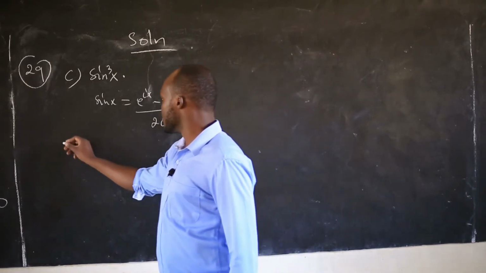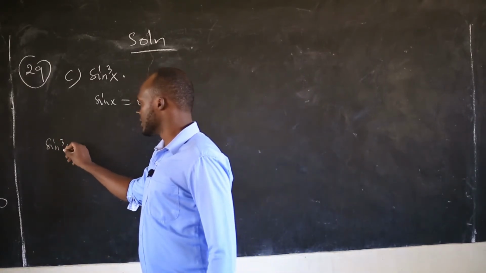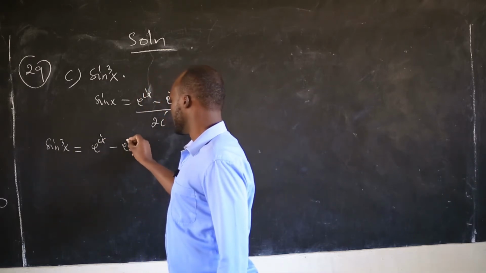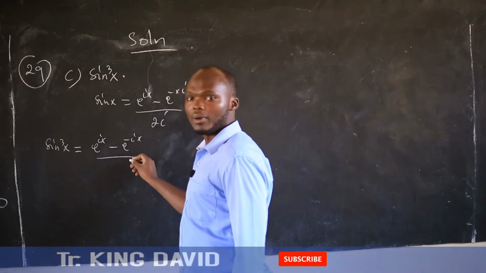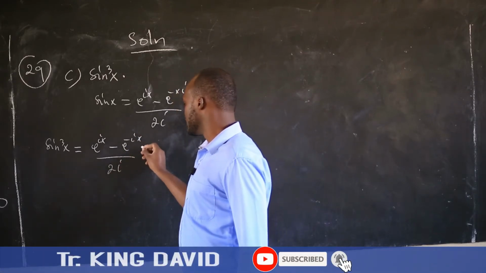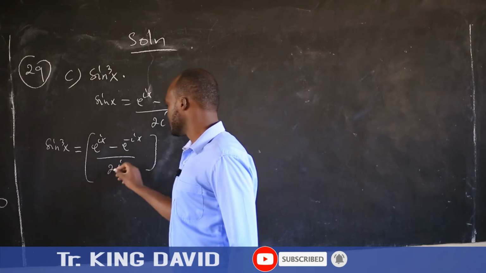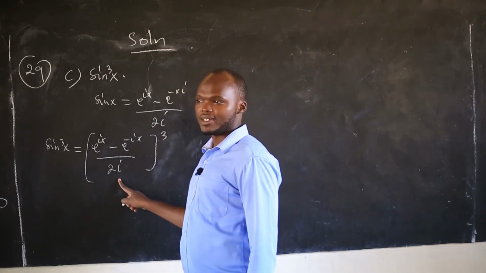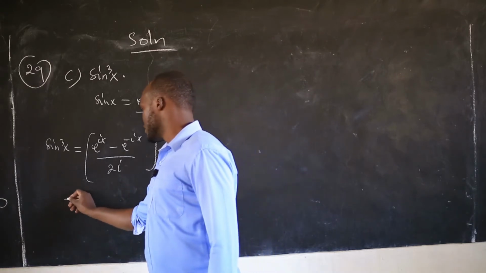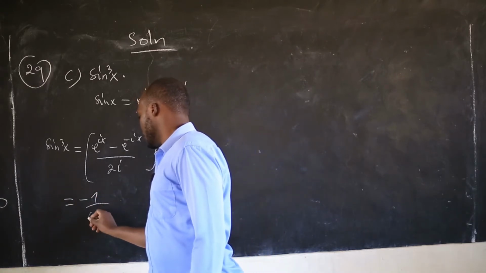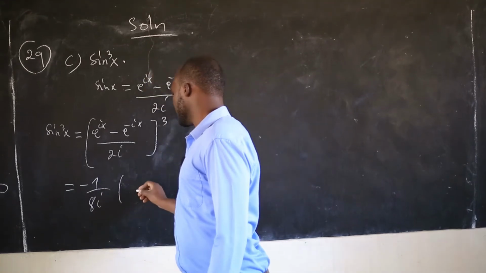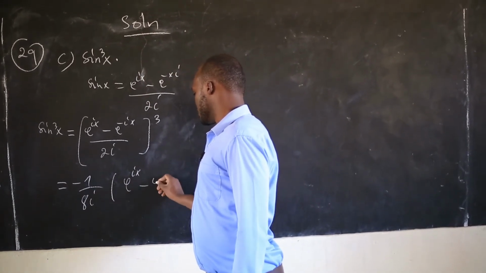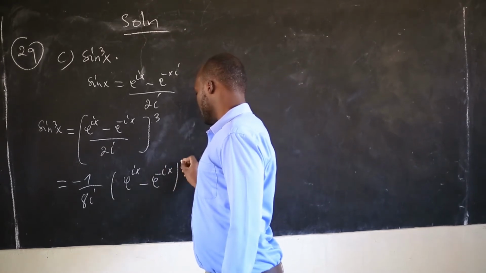So that means sine power 3x is e power ix minus e power negative ix divided by 2i, then power 3. So 2 power 3 is 8. i power 3 is negative i. So that is negative 1 over 8i into bracket e power ix minus e power negative ix power 3.